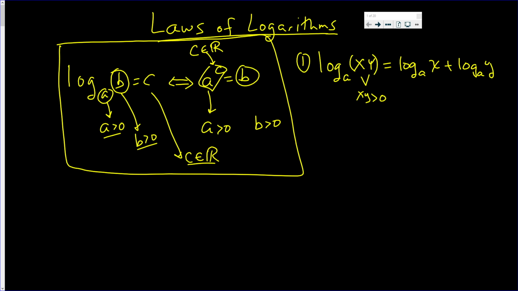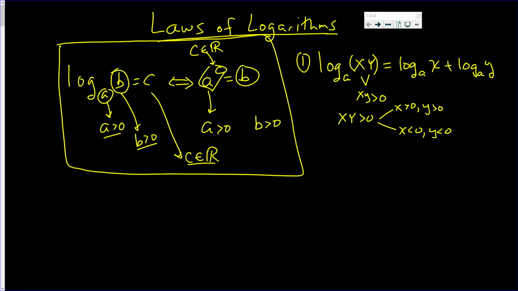But there's two ways for xy to be positive. Either x and y are both positive, x is greater than 0, y is greater than 0, or they're both negative.